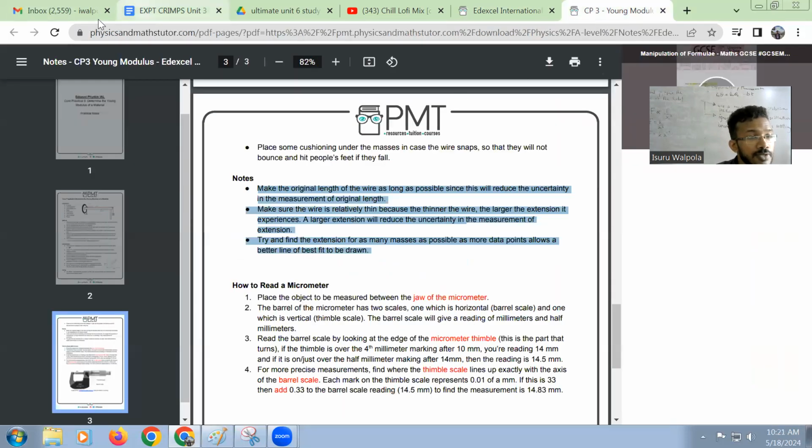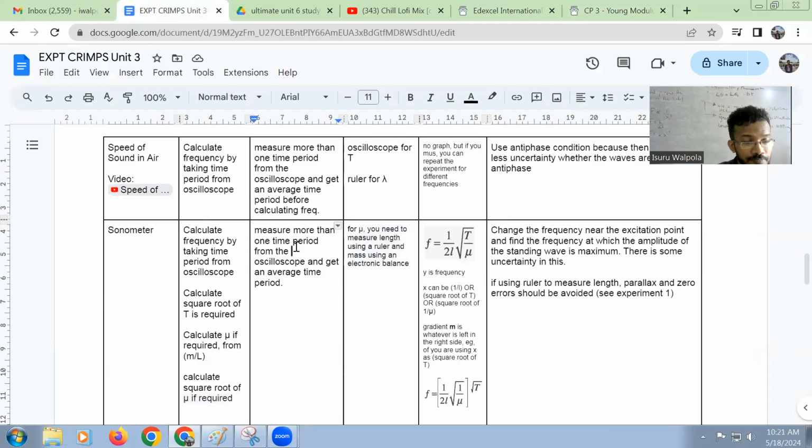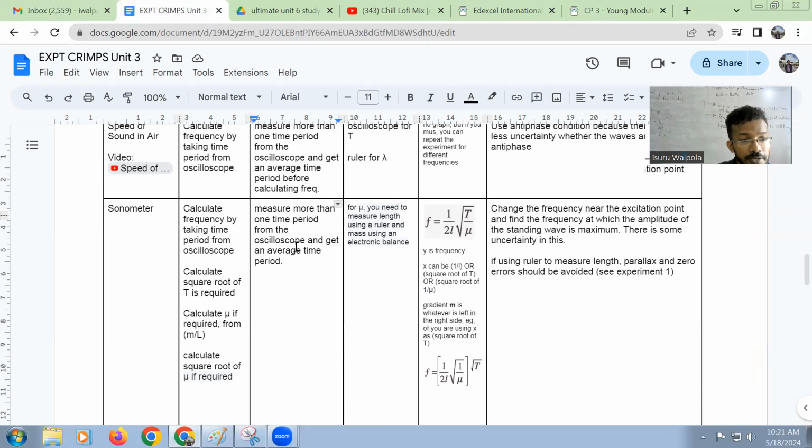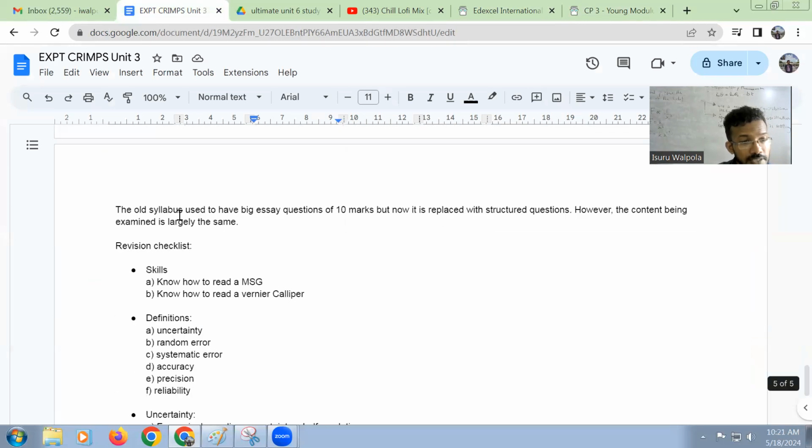Right. Now that that's done, let me give some context. In the old syllabus, there used to be 1 or 2 big essay questions of 10 marks. Now in the new syllabus, it has been replaced with structured questions, but the content that is being examined is the same. The difference is that they have broken it into smaller question pieces.